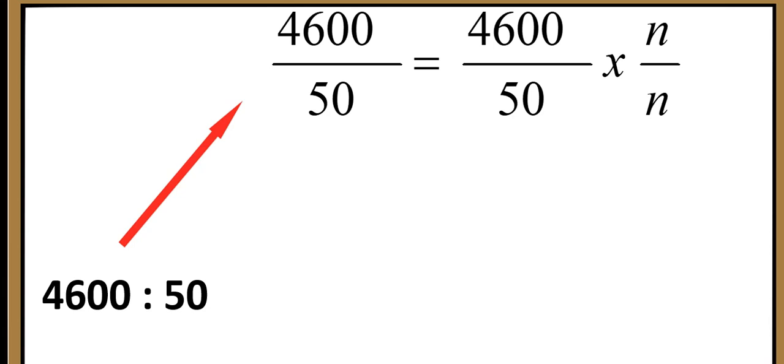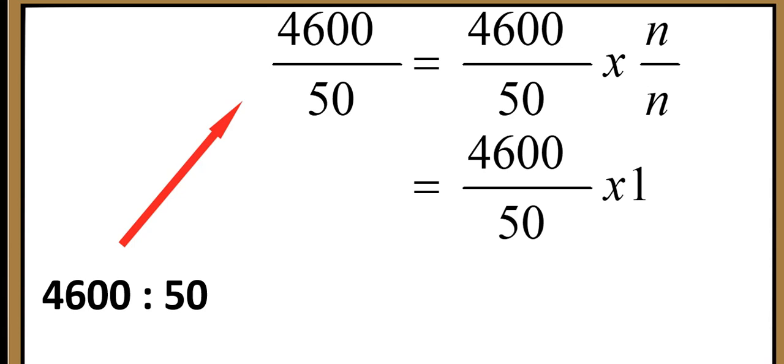So when we multiply both numerator and denominator by the same number, in this case n and n, we will get the same result n. We know that n over n is 1. So we multiply 4,600 over 50 by 1.